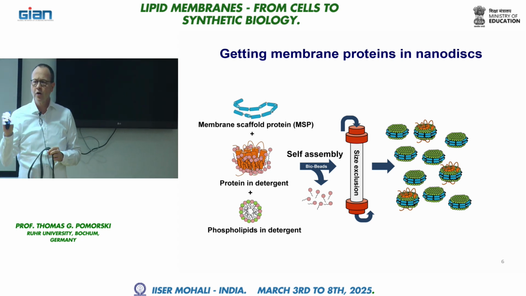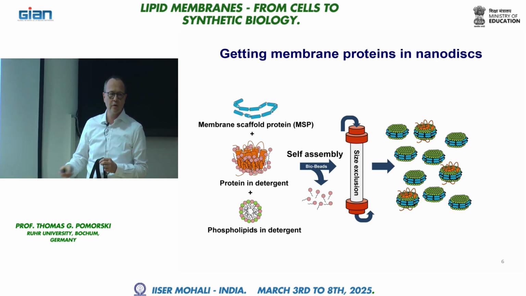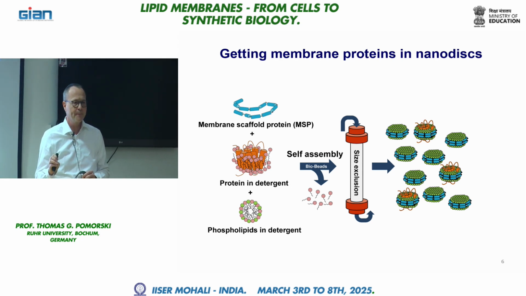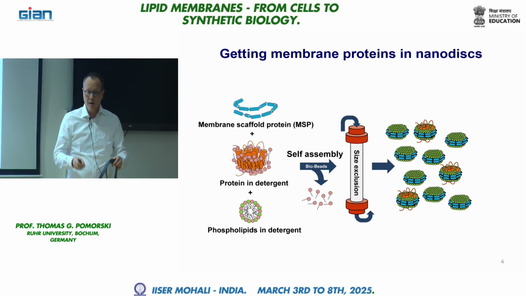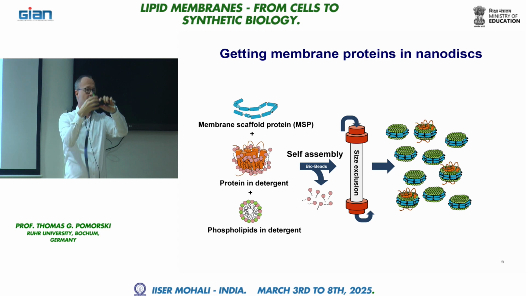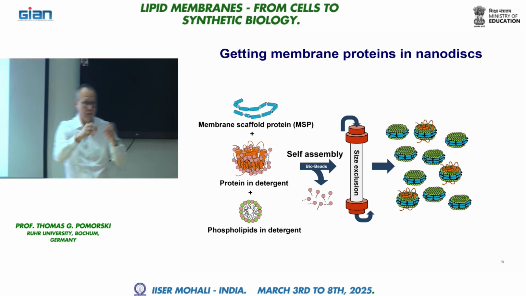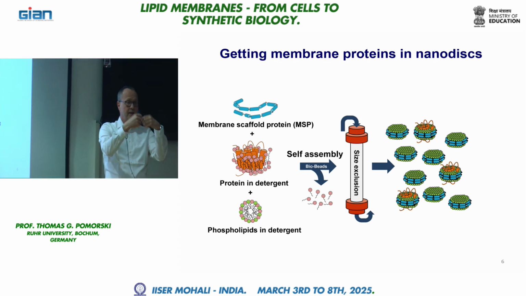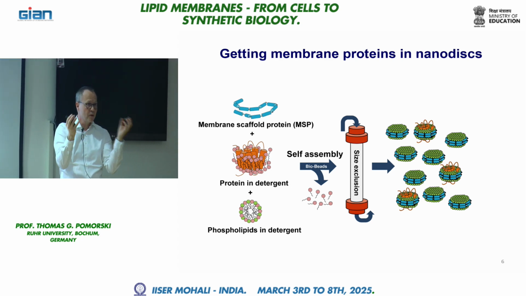And what is the role of the detergent at that stage? So we have detergent here, we mix all three components. What was the role of the detergent at that stage? To keep everything in solution. Because what would the detergent molecules do? They would go with their hydrophobic parts to the hydrophobic parts of the belt protein, to the hydrophobic part of the lipids, to the hydrophobic parts of the protein, and expose the hydrophilic part to the water, so they make these components soluble.